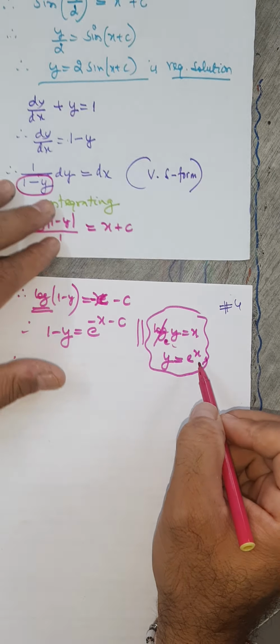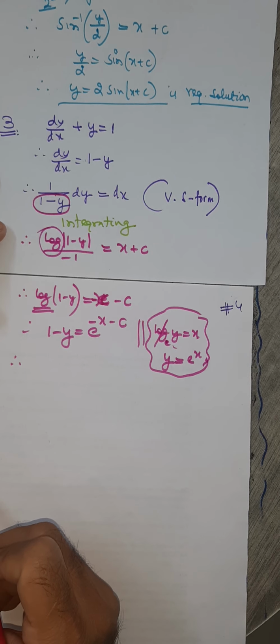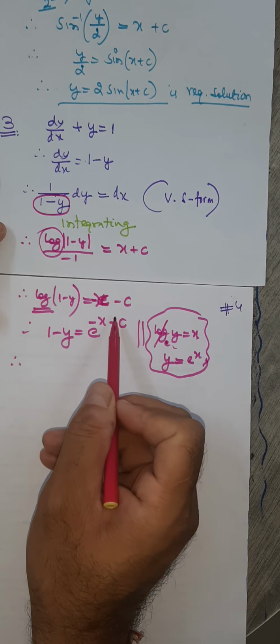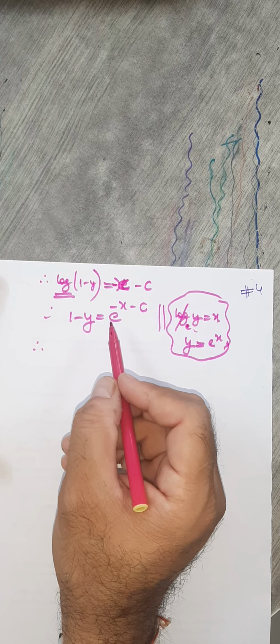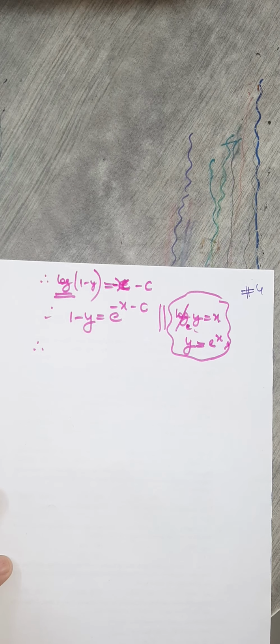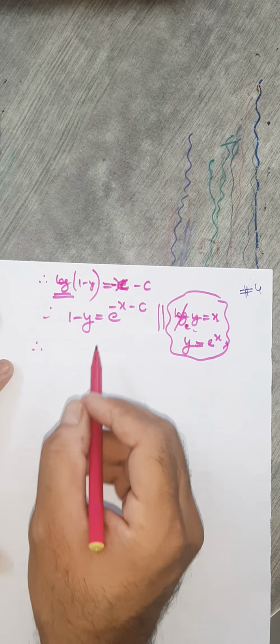You know it. So what I did, I have eliminated log from here, right? So you have e raised to this right hand side expression. And now further you just express it in terms of y. So what is y here?